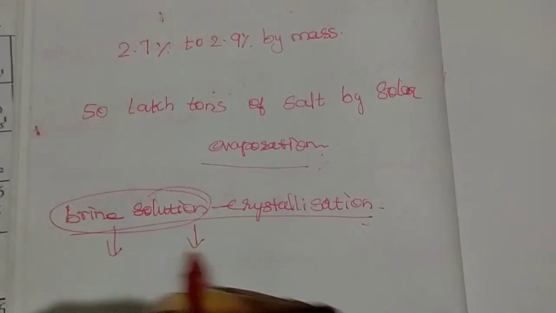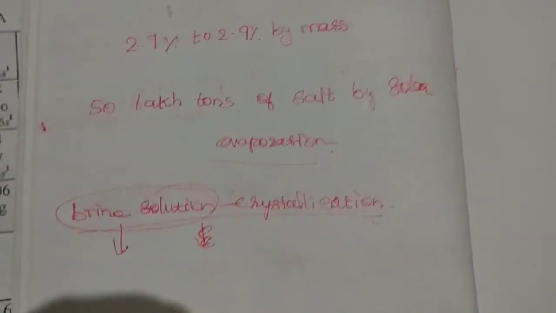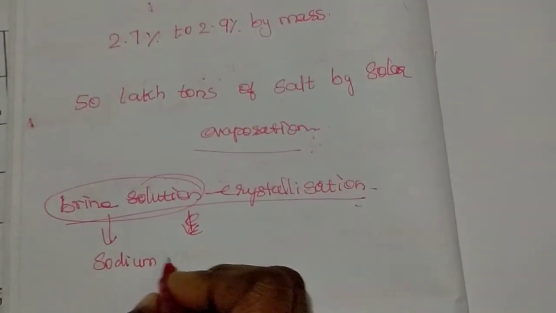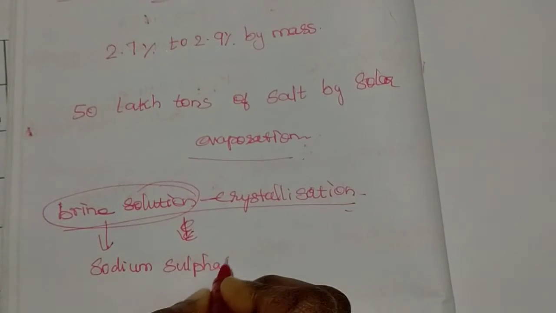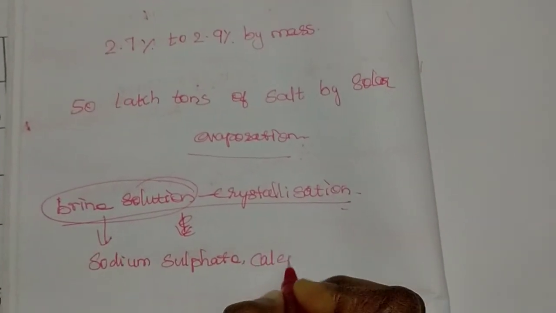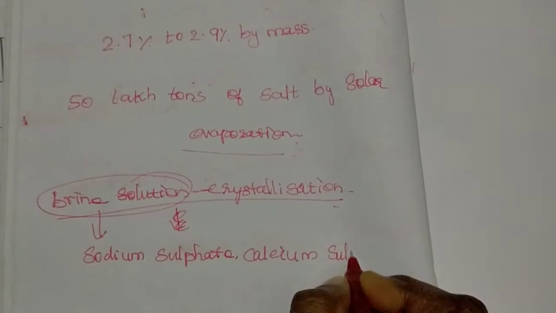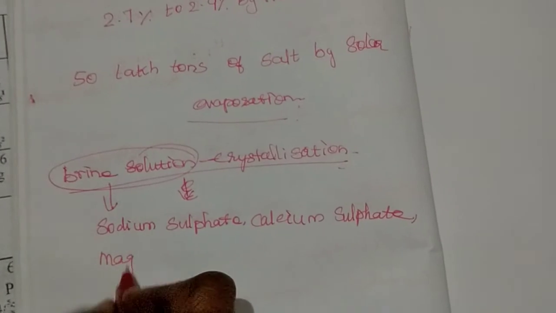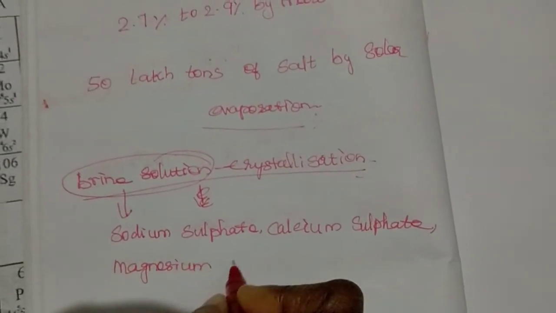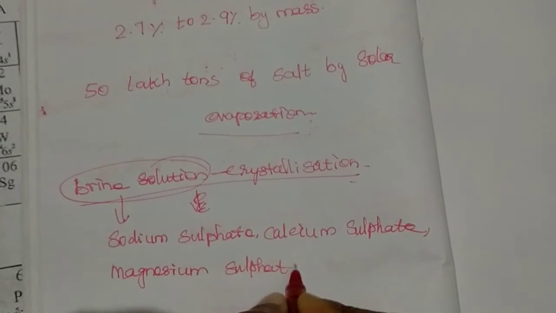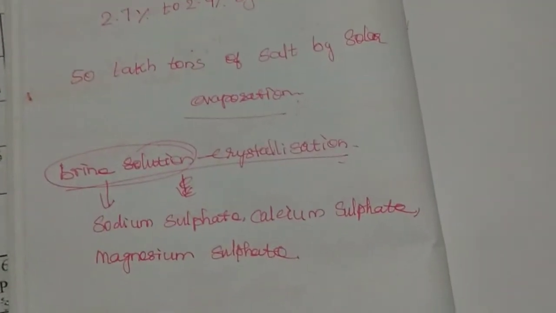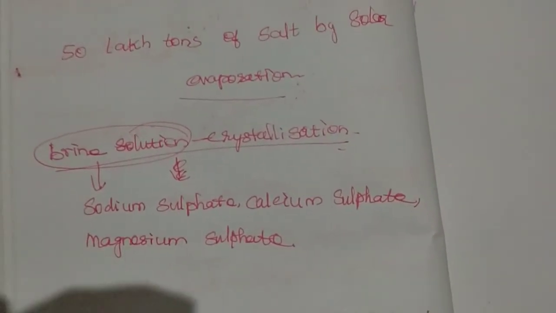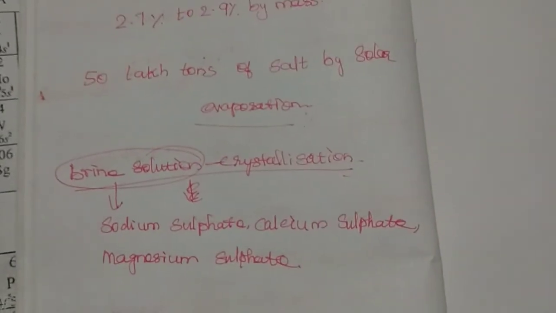Brine solution means the combination of sodium sulfate, calcium sulfate and magnesium sulfate combined together, and that solution is generally known as brine solution.